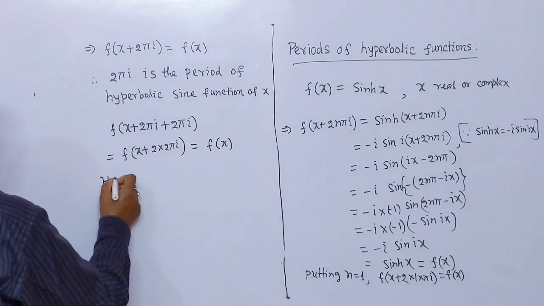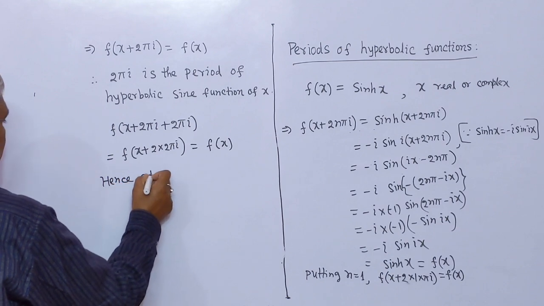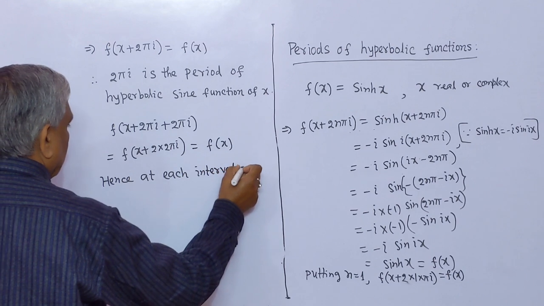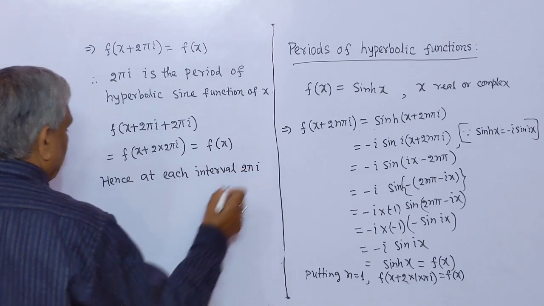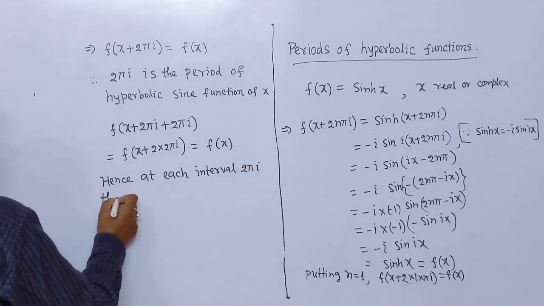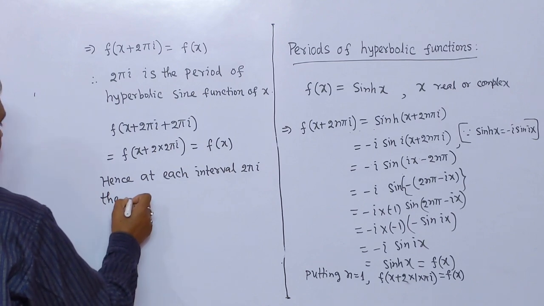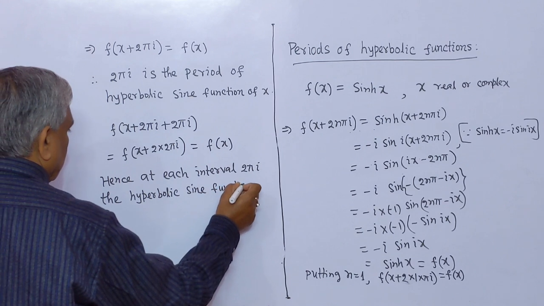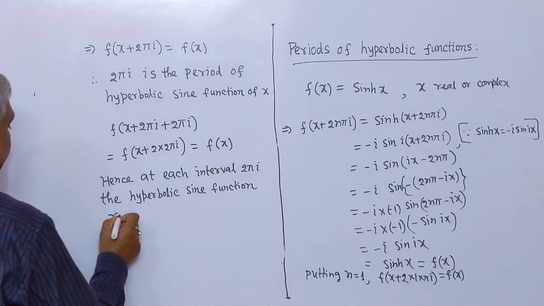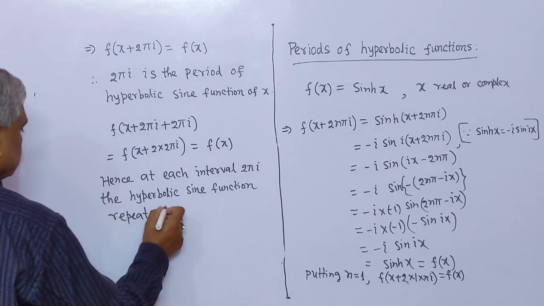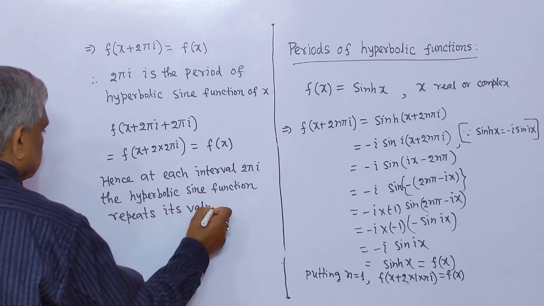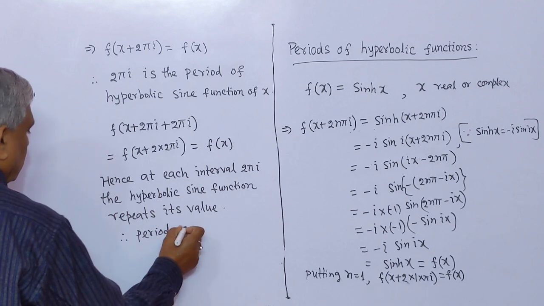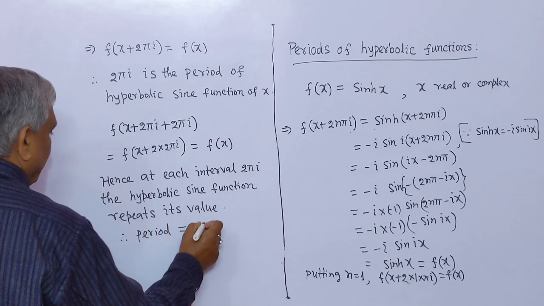Hence at each interval 2 pi i, the hyperbolic sine function repeats its value. Therefore the period equals 2 pi i.